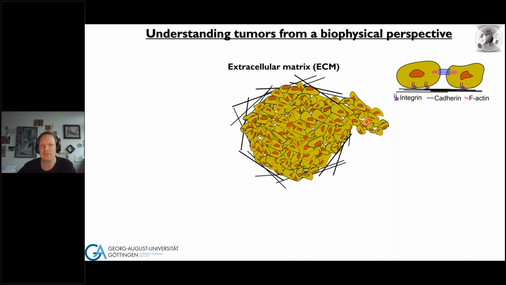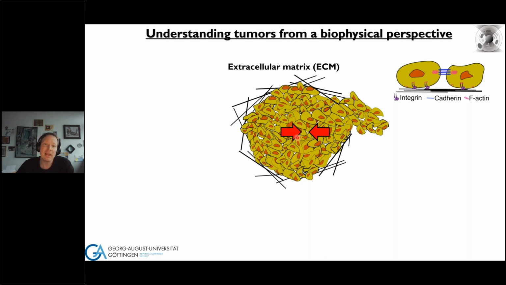So the question that a lot of researchers and colleagues are asking here is to which extent we can better understand what happens when cells start moving out of such a primary tumor. What is actually not very much appreciated in the field are questions related to pressure, what's going on inside.